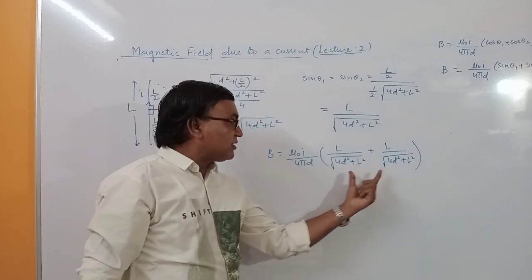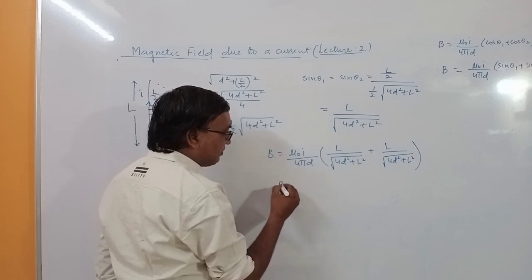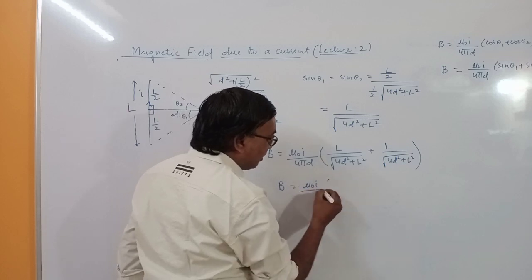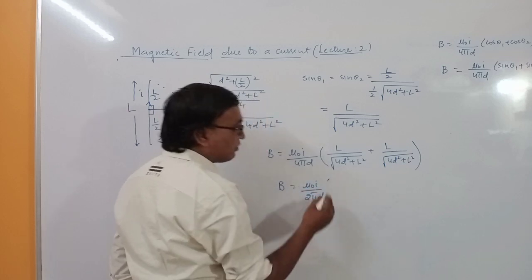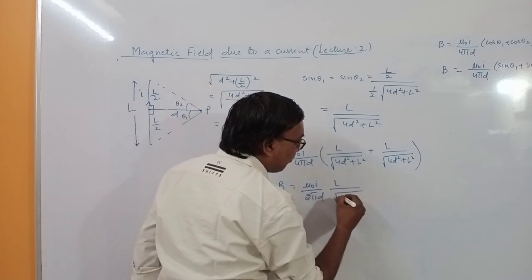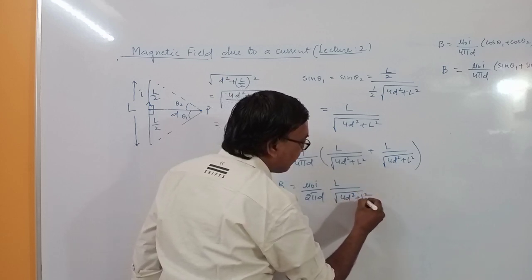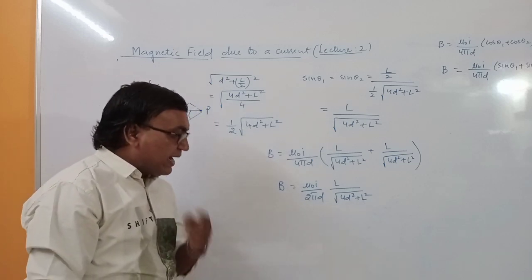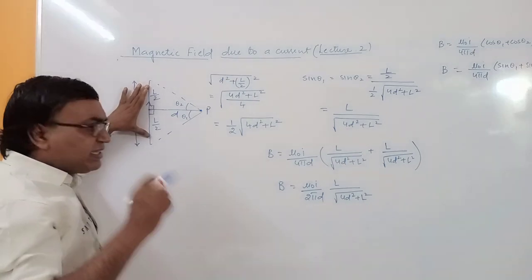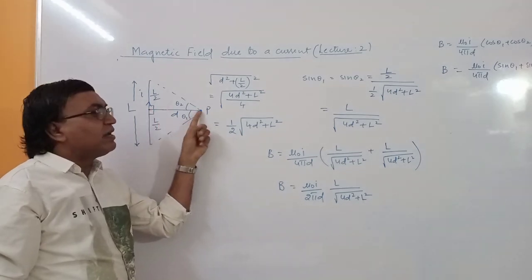So this is 2 times, and the 2 will get cancelled with the 4. So B is equal to mu naught I upon 2 pi d into L upon root of 4d square plus L square. So this is the magnetic field due to a straight conductor of finite length L at a distance of d on its perpendicular bisector.